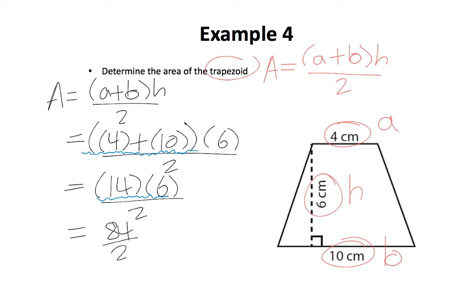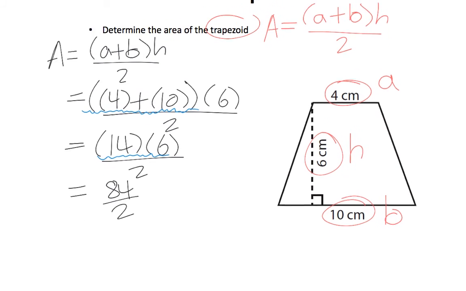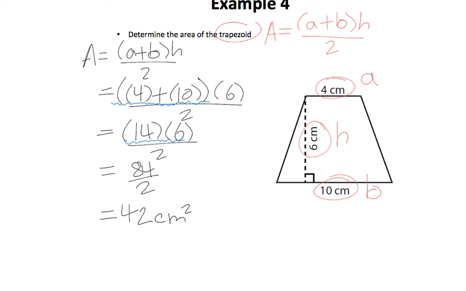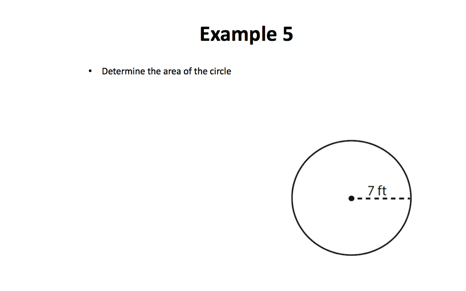The divide by 2 stays exactly the same. And 84 divided by 2 is 42. The units we're using is centimeters, and it needs to be squared since we're dealing with area. So the area is 42 square centimeters.